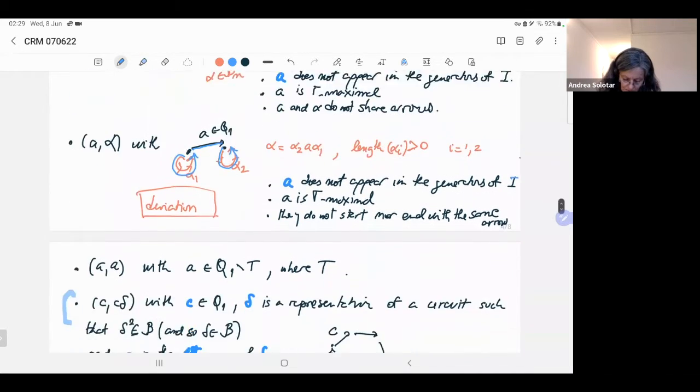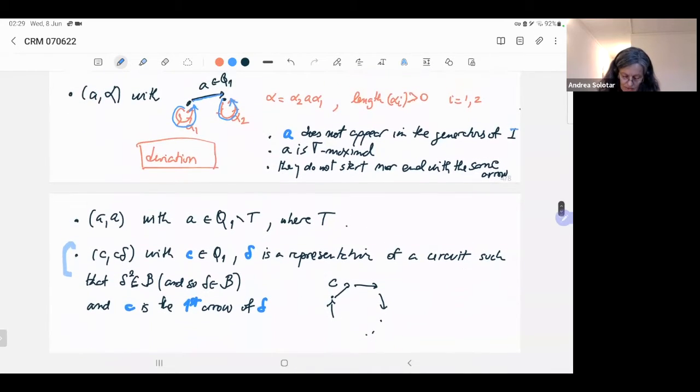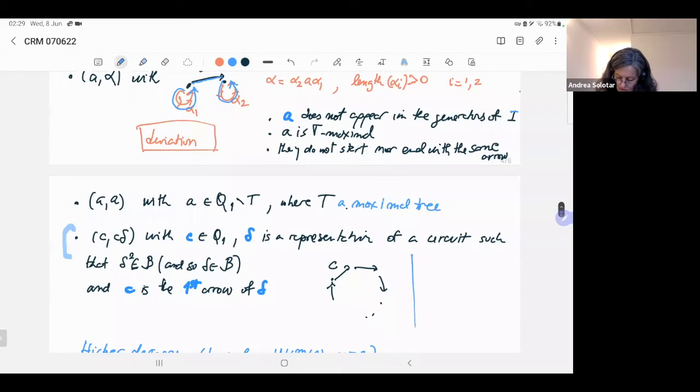And then 2 more types of elements. One is the following. Suppose that we consider the arrows Q1, and we take out T, which is the maximal tree. For example, let me do it here. Suppose that we have these arrows in the underlying graph. Here, for example, we can consider the maximal tree, for example, this one.